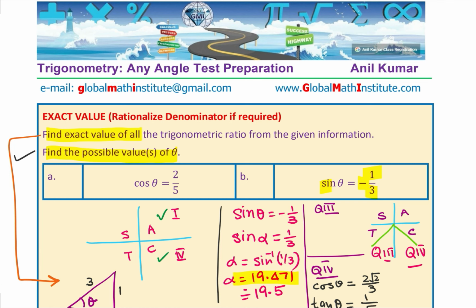You get the idea. This has to be rationalized. Multiplying by square root 2 will give me square root 2 in the numerator and 2 times 2, 4 in the denominator. But this value is going to be negative. You see that? We are working in quadrant 4.